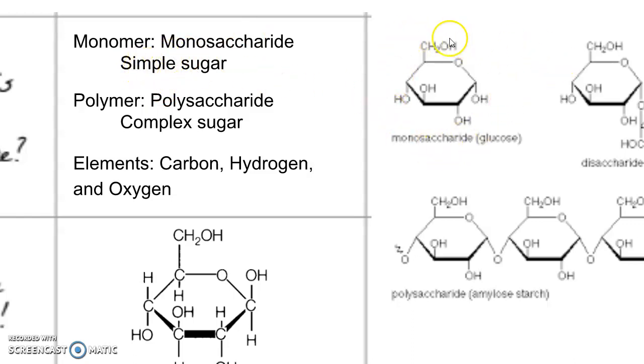This is an example of a monosaccharide. The polymer is going to be a polysaccharide, poly meaning more than one. The elements are going to be carbon, hydrogen, and oxygen, or CHO. CHO is just an easier way to remember it, and I'll go over the different ones. So here's a structure of a carbohydrate.